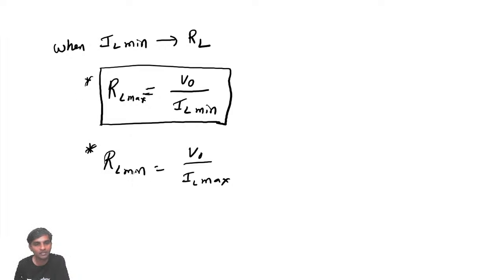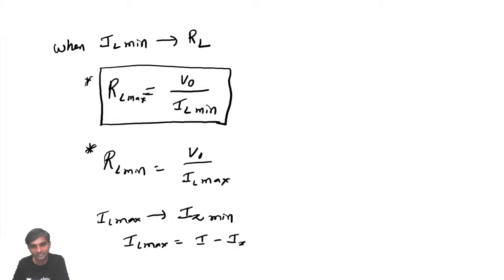When IL is maximum, IZ becomes minimum. So when IL is maximum, your IZ will be minimum. Remember this point also, that is, IL maximum is going to be I minus IZ minimum.